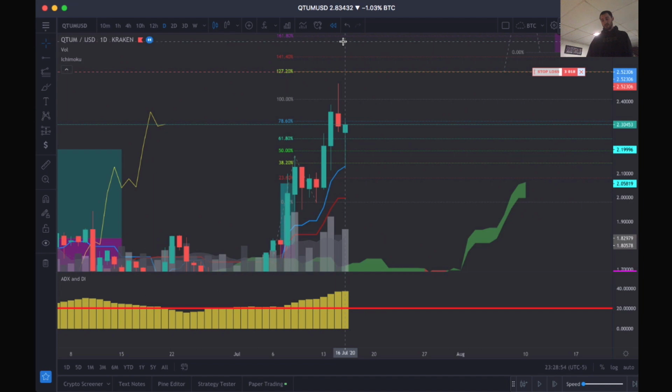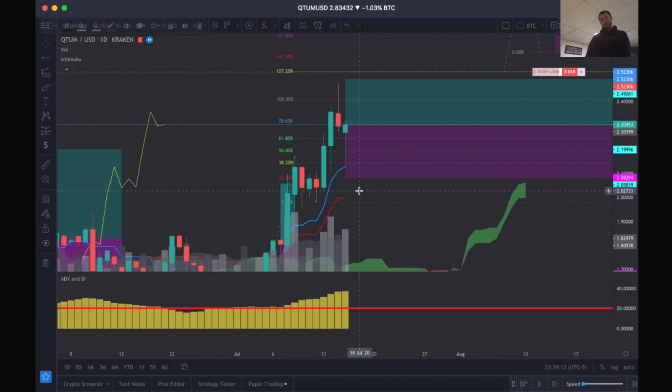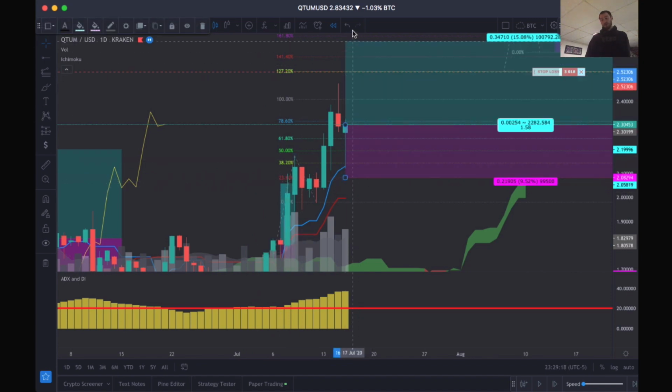I want this to be 161.8. And wow, that's just really far down. I would use this 23% line right here, this red one. I would just use that as my stop loss, because that's just so far. I'm not really trying to have my 2 to 1 ratio be super far away, but let's see what happens.